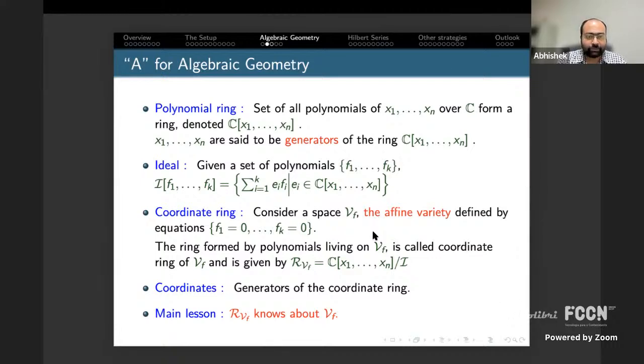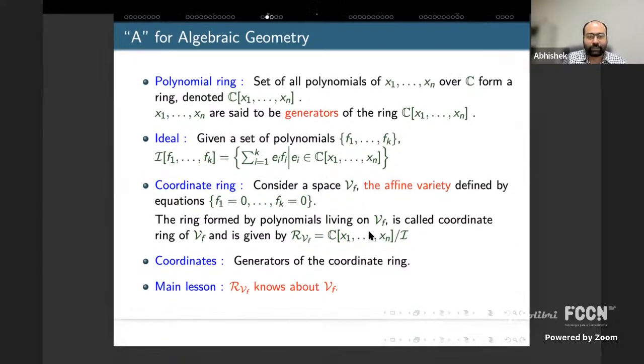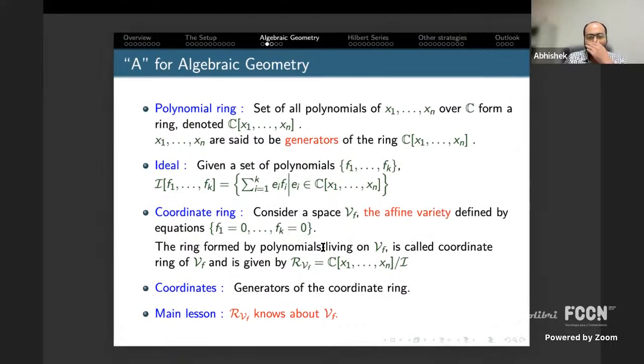So we usually call a coordinate ring the ring that will be formed by these polynomials living on this VF, the affine variety. It is given by the original ring of all the polynomials, C[x1 to xn], modulo this ideal.